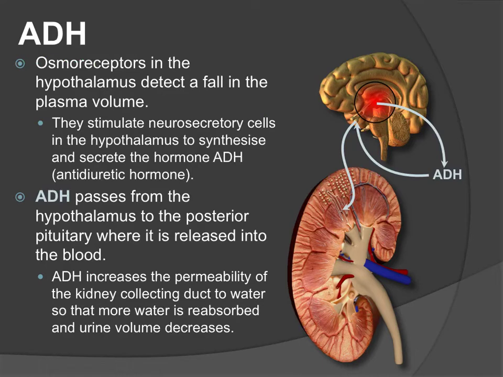Okay, so let's have a look at ADH. So basically, what is the receptor? Remember, we've got to think about the receptor of the system, the control center, and then the effector. So inside the hypothalamus, and remember the hypothalamus is this little tiny triangular area just inside the brain here, as well as being a control center, it also has these little receptors called osmoreceptors that are able to detect changes in the plasma volume.